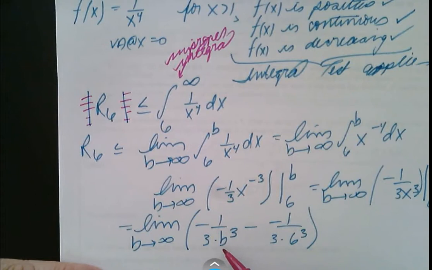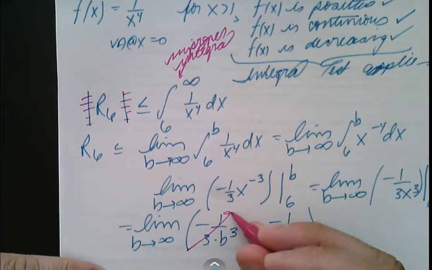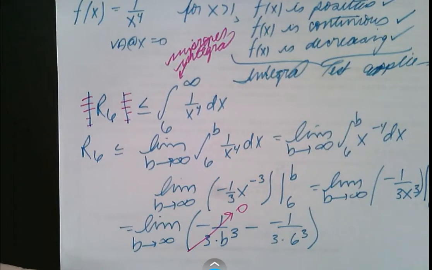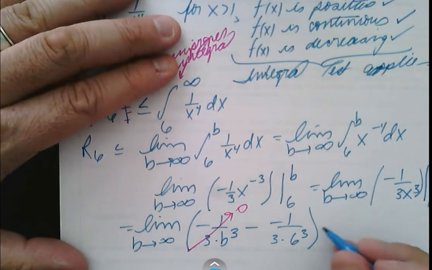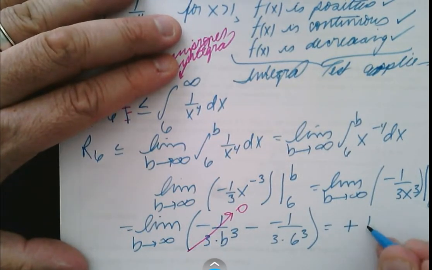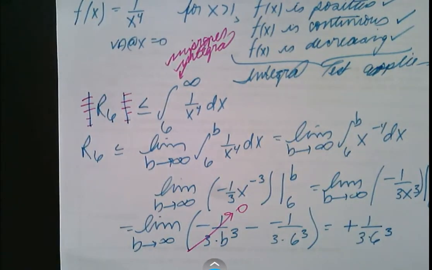As b approaches infinity, b gets big. So b cubed is approaching infinity. Times 3, we're still approaching infinity. But we're in the denominator, so that approaches 0. Minus this negative is going to be a positive 1 over 3 times 6 cubed.